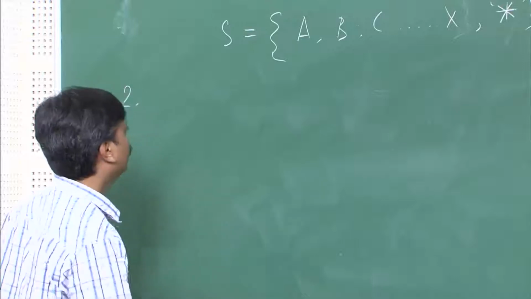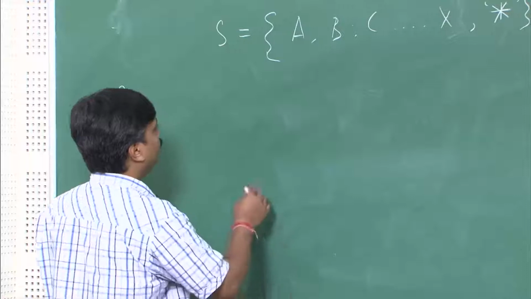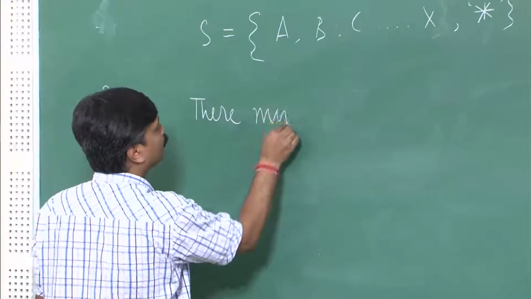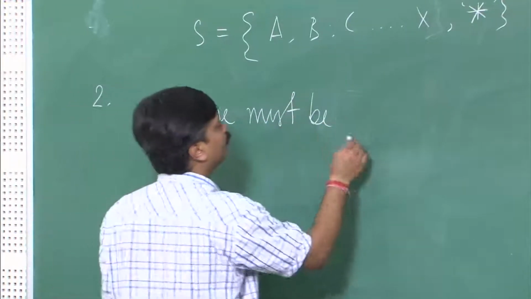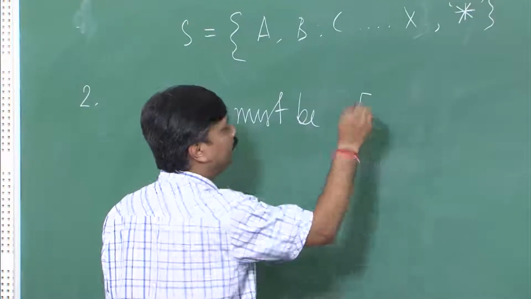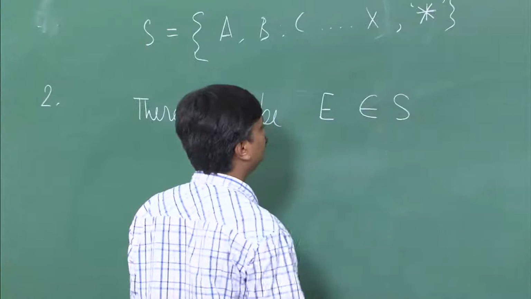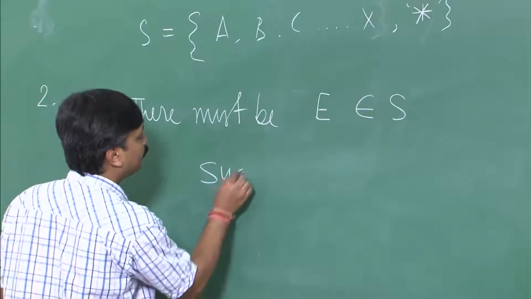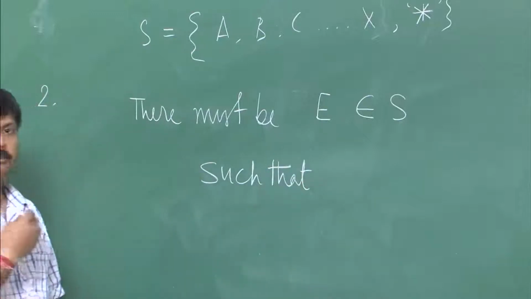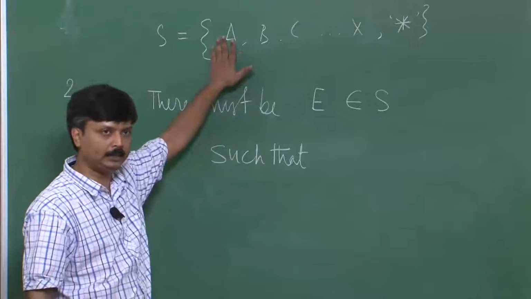Mathematically, there must be an element E belonging to this set S such that E commutes with any element of this set.